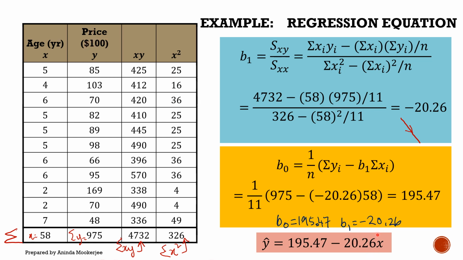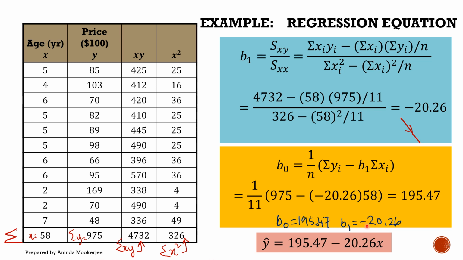And the slope tells us that for every year increase in age, the price of the car is going to fall by $2,026, right? The price of the car decreases by $2,026, and this negative slope tells us it decreases.